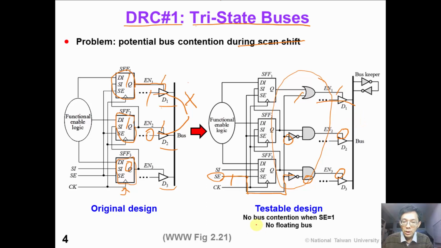So there is no bus contention when scan enable is 1. We can also insert this bus keeper, which are weak inverters cross-coupled so that we can have a fixed value when there is no bus driver. So we guarantee that this bus is not in a high impedance state.